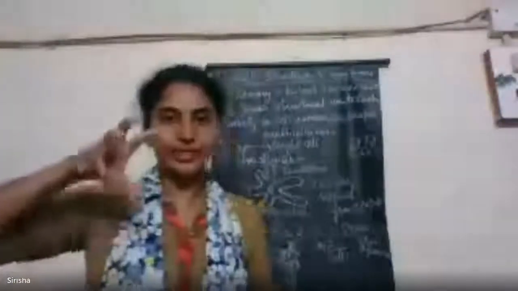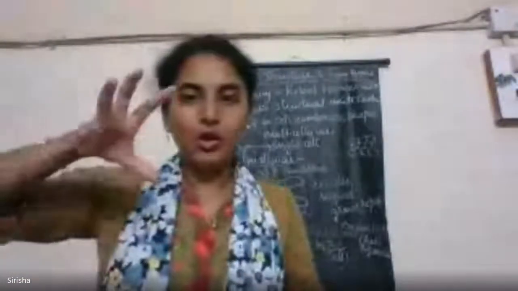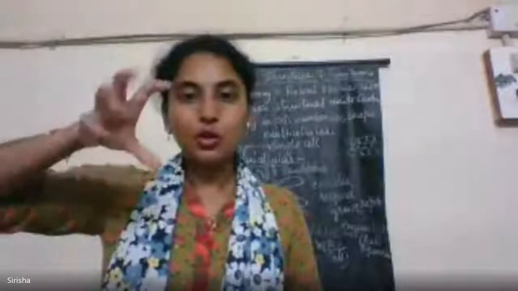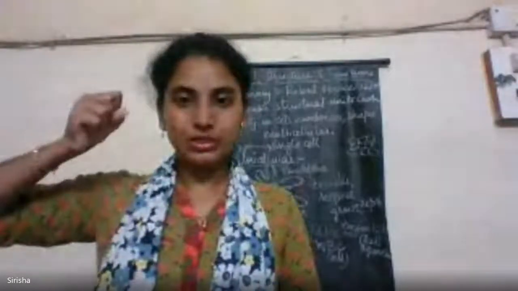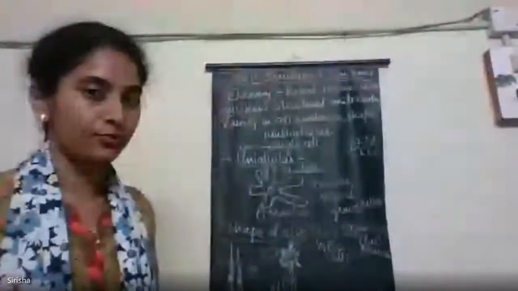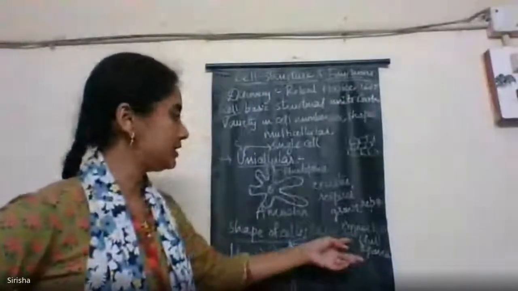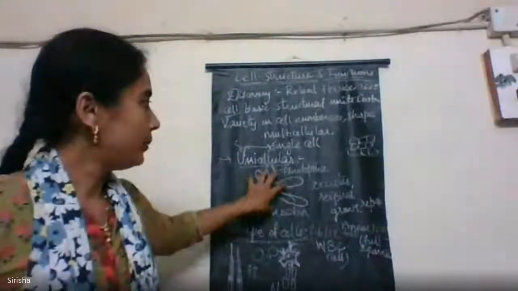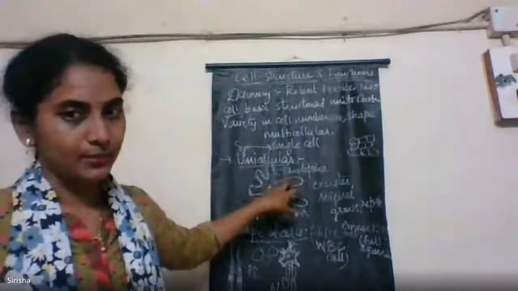They have false feet to engulf the food, or to tolerate extreme temperature conditions, or to do whatever is needed at that moment with the help of these pseudopodia. Podia is the plural form and it means feet. So amoeba is a unicellular organism.